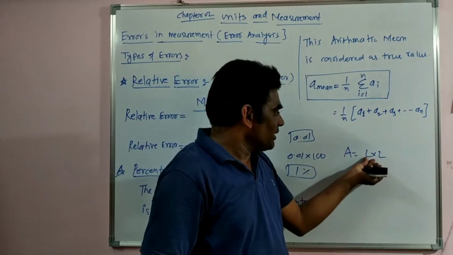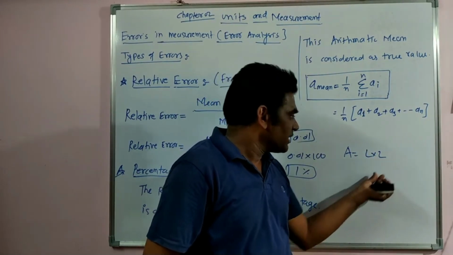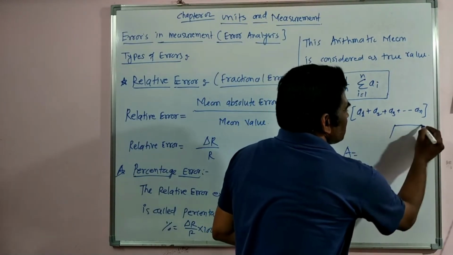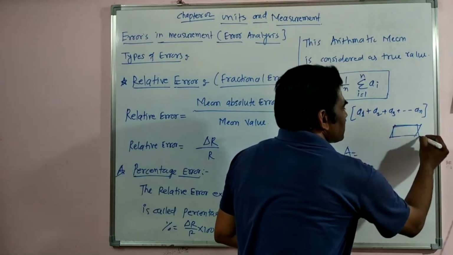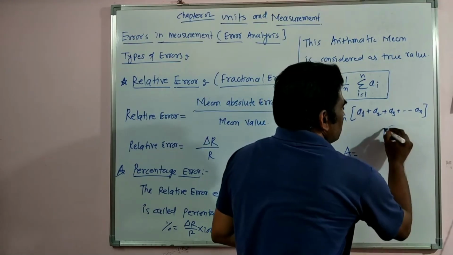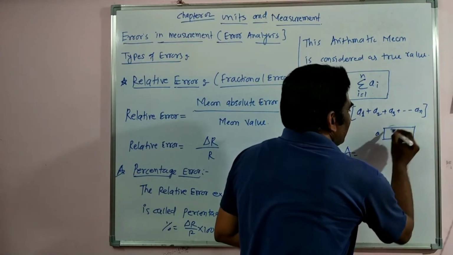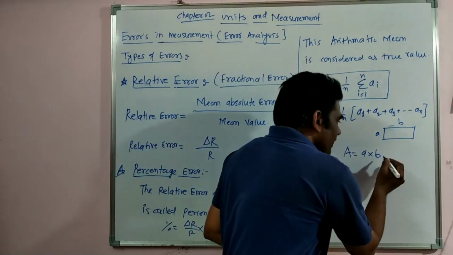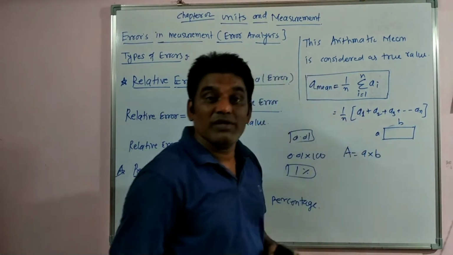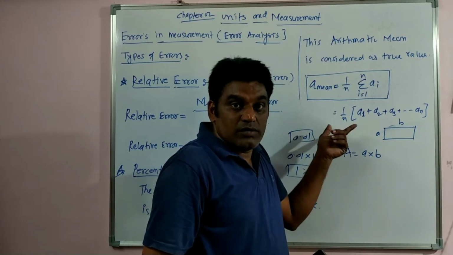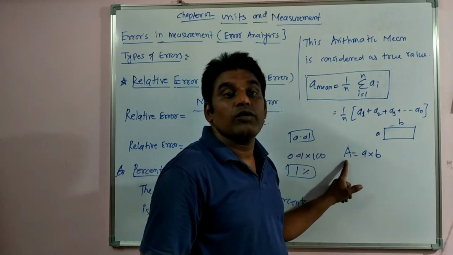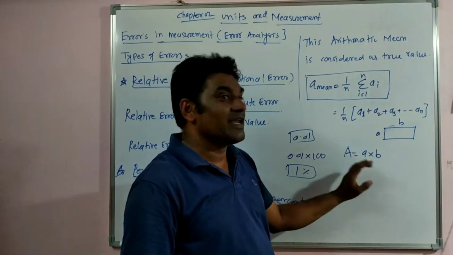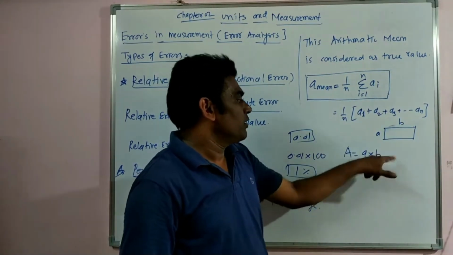So an individual error will be there in each. Suppose this is a rectangle, with sides A and B. So A into B is the area. So error in A and error in B will be there, and this error will be propagated in the calculation of area. So that we have to see. That will be the error in multiplication.